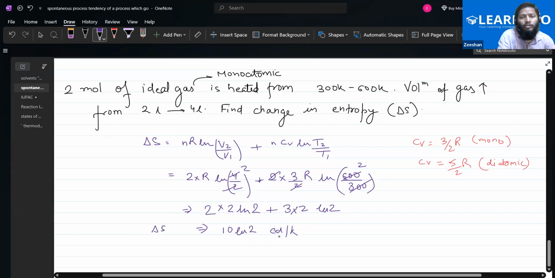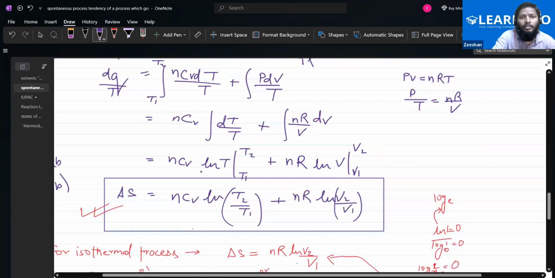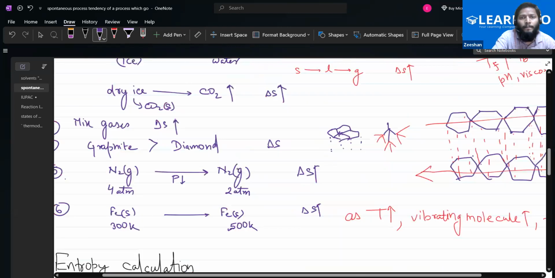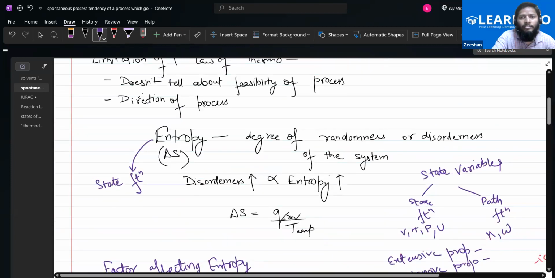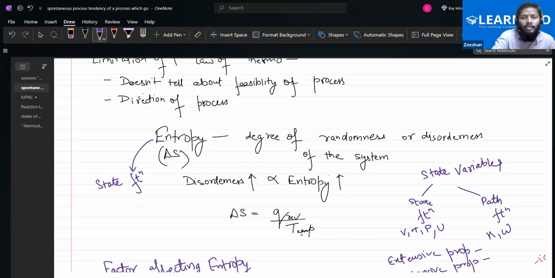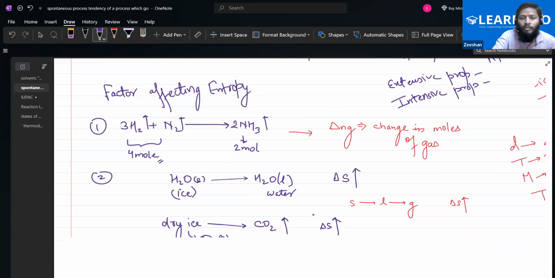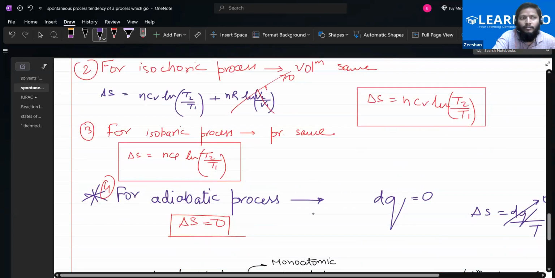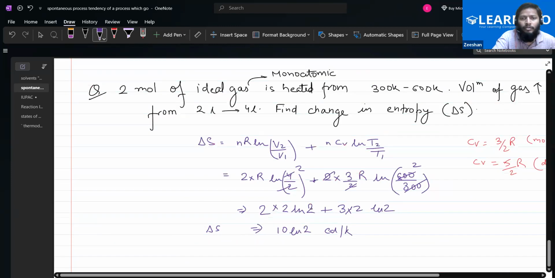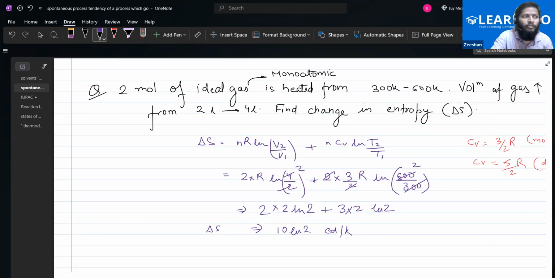How is this the unit? Delta S is equal to Q by T. If you have remembered, S is Q by T. So Q will be either in calorie or in joule, and temperature in Kelvin. So the unit will be joule per Kelvin or calorie per Kelvin, right? So I hope you can solve this question.